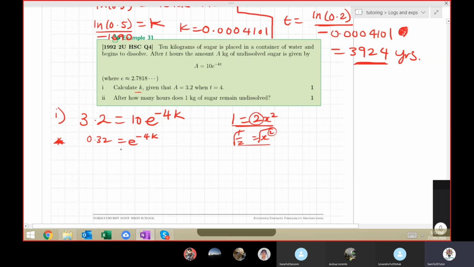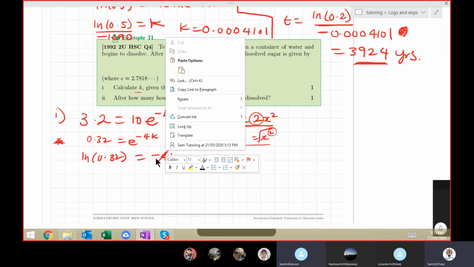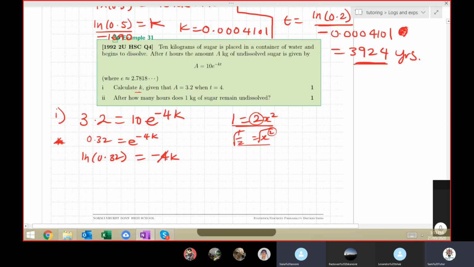So same thing. Yep, log both sides. No, I forgot to log both sides. I only logged the right one. That's okay. There it is. And then ln e becomes 1. Then take negative 4 to the other side, divide it, done.